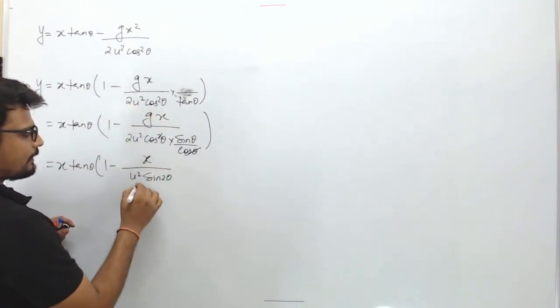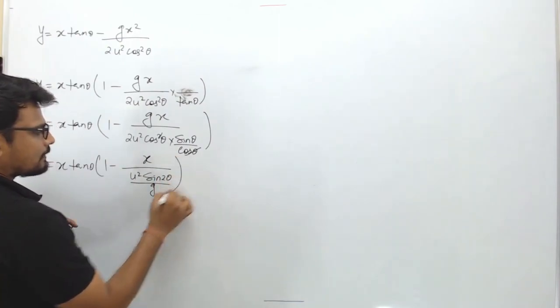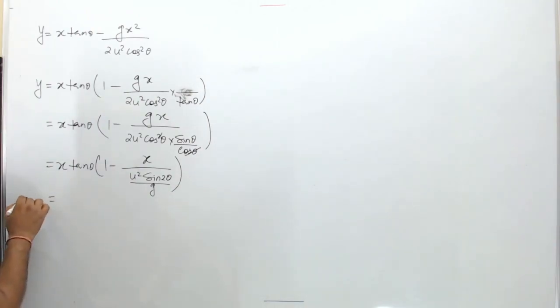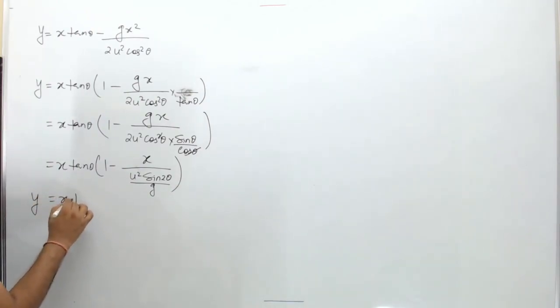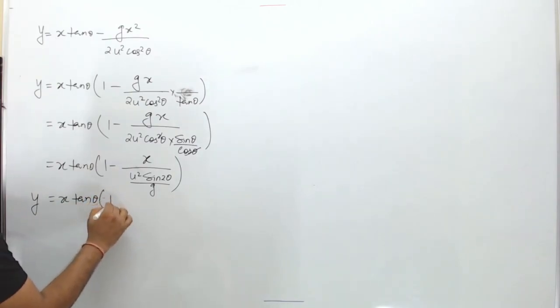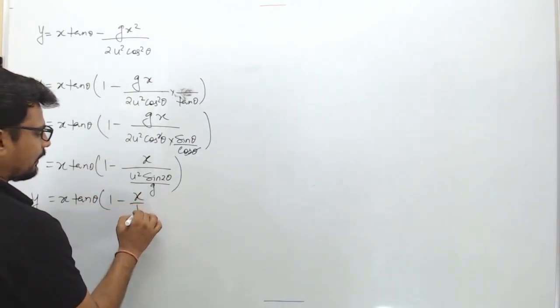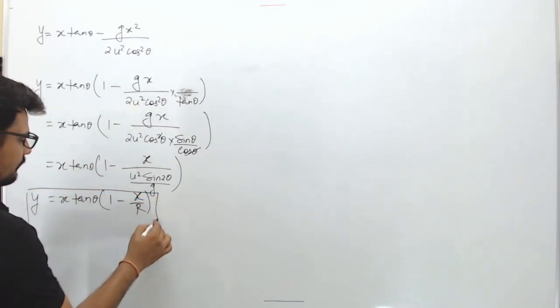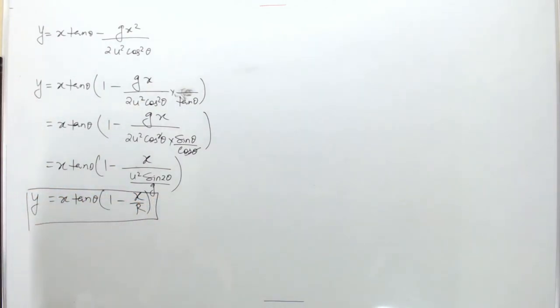If I get this g in the denominator, this is nothing but the range. u square sin 2 theta upon g is the range of the flight. So y could be written as x tan theta times 1 minus x upon R. So this is the second format of the trajectory of the projectile. There are going to be quite some questions in which this would be easily and directly used.